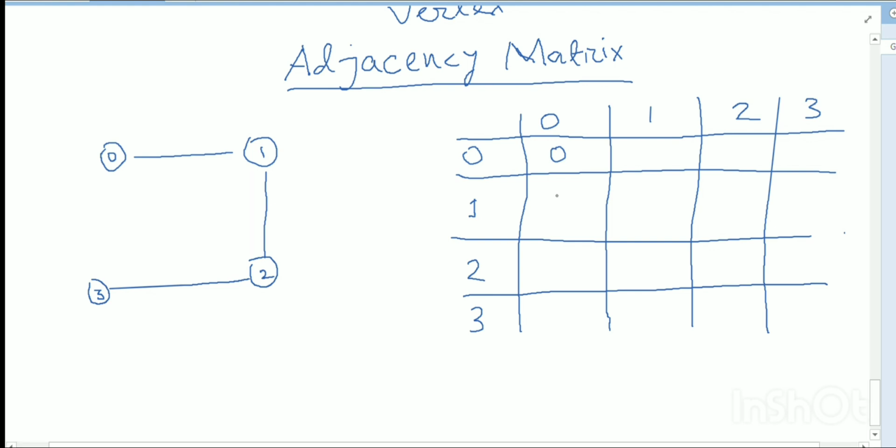But between 0 and 1 there is an edge, so it is 1, and 1 to 0 there is an edge, so it is 1, because I already told that 1 signifies an edge. 0 and 2 no edge, 0 and 3 no edge, and 1 and 1 no edge because no self loop. 2 and 0 is 0, 2 and 1 there is an edge, so it is 1, and 2 and 2 there is no self loop, so it is 0. 2 and 3 there is an edge, and similarly you see 3 has only one edge, the 3 to 2 connection, so it is 1.